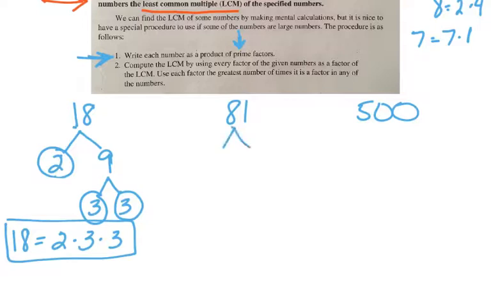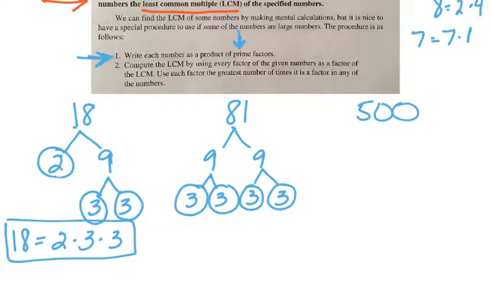So if I take 81, the first thing when I think of 81 is it reminds me that it's 9 times 9. And once I have my 9s, I know 9 can be 3 times 3. And at this point, I know these are prime numbers, so I'm going to circle them because that's as far as I can go. And this 9 broke into another 3 times 3.